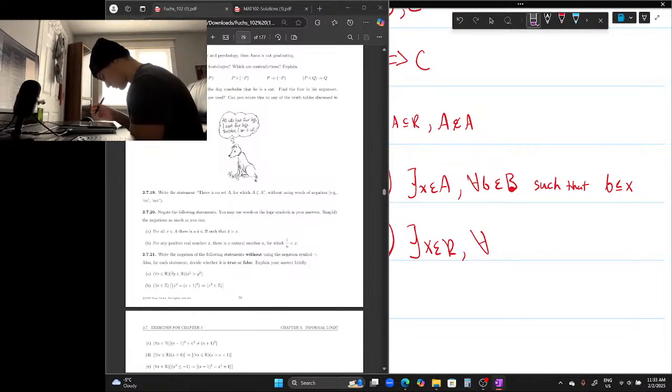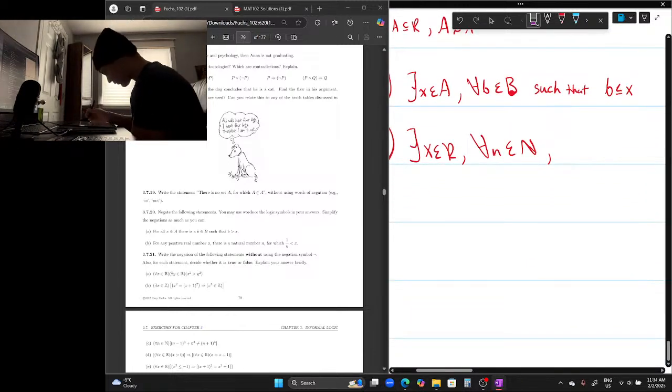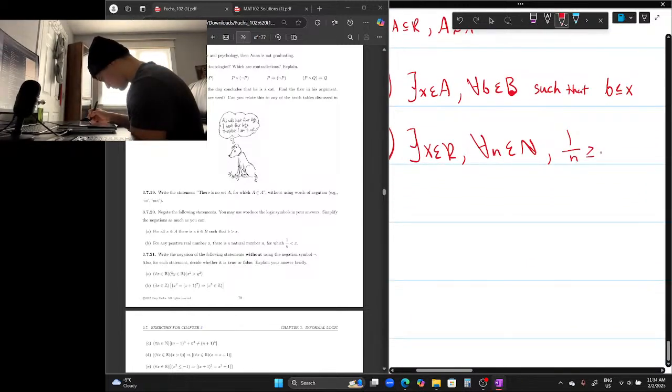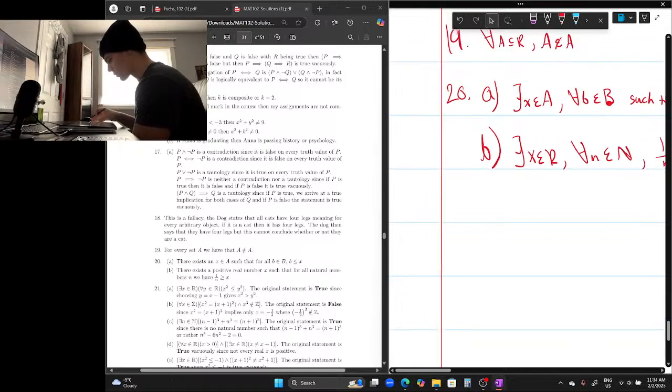For all n in the set of naturals, 1 over n is greater than or equal to x. This statement is obviously false. Oh, actually, no, same issue. Same is true, because you could just let x equal negative 1, and then you would get true statements.